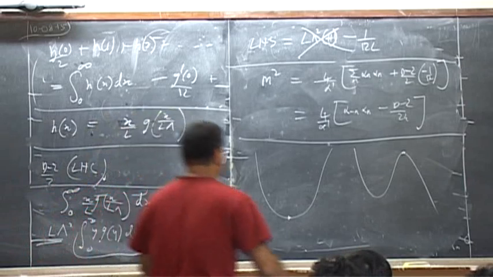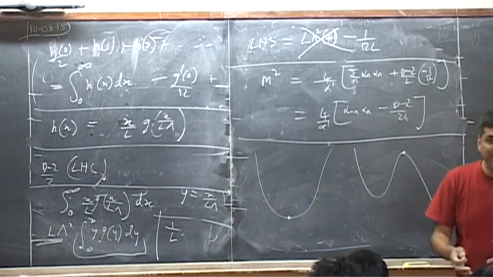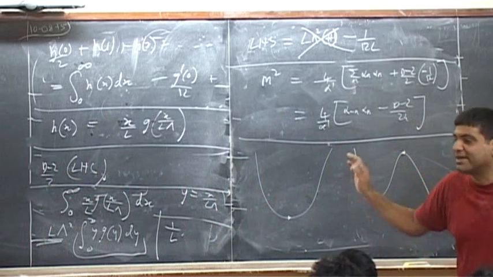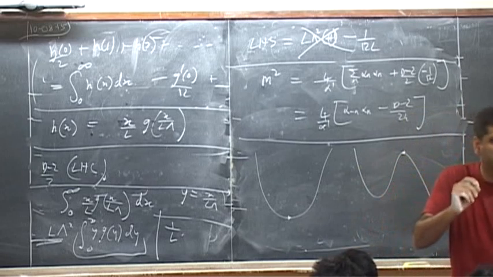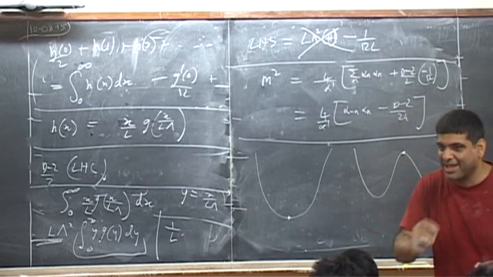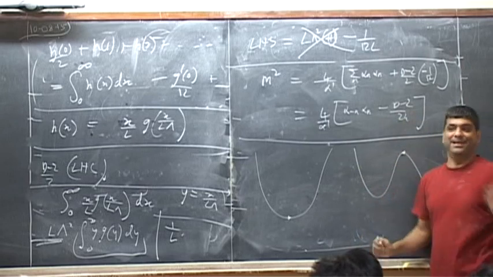It doesn't matter where you expand it around, it remains causal. So in such a theory, even though it has quote-unquote tachyons, nothing moves faster than light. There's no violation of causality in such theories. But what it is, is an instability.